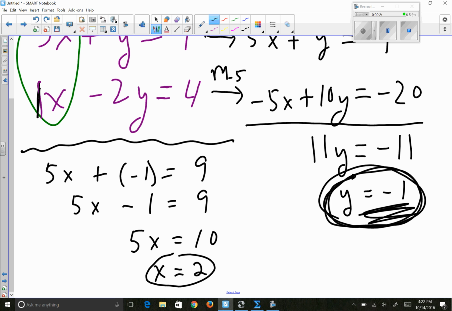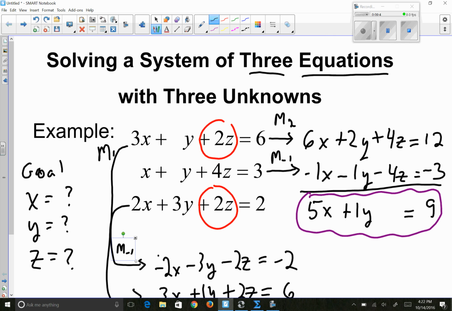Now that we have these 2, we go back to one of the originals. There's 3 original equations. Pick any one of them and plug both of these in. So pick any one of these, first, second, or third.